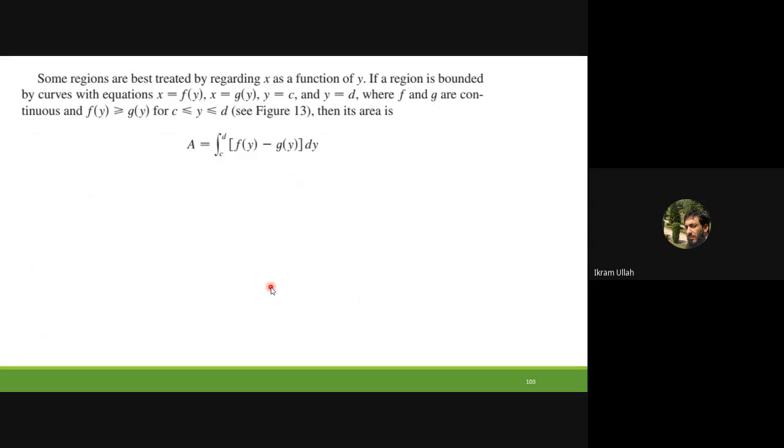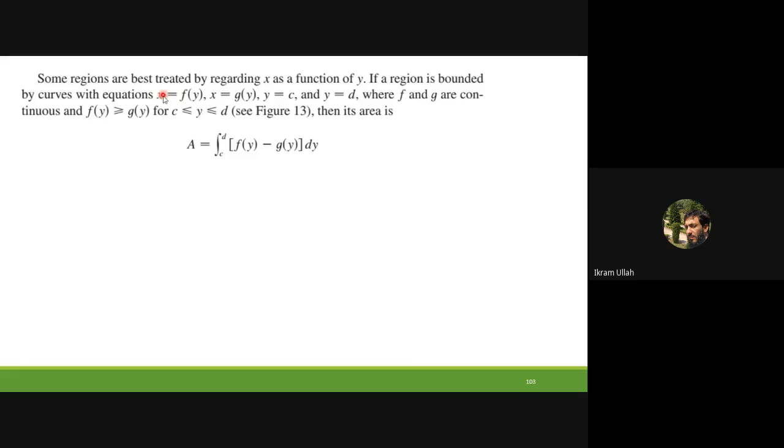Some regions are best treated by regarding x as a function of y. If the region is bounded by curves with equation x equal to f of y, sometimes we can write it in this form. In the previous sections, we wrote y equal to f of x.